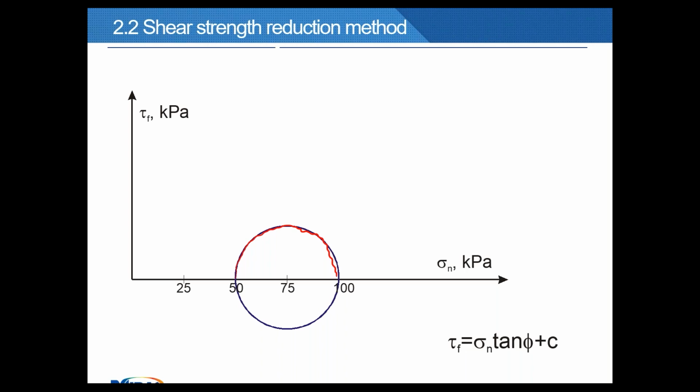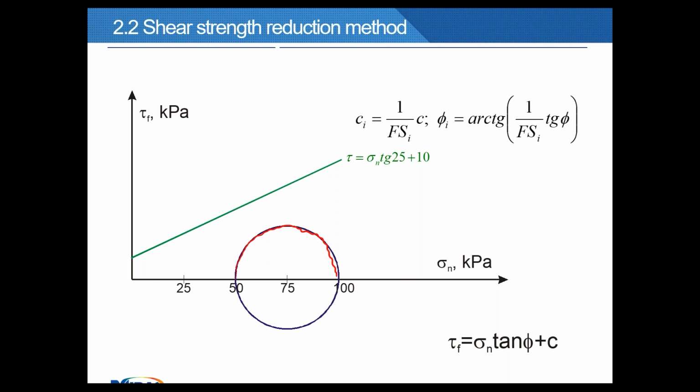So if we have a stress state in some element of our model, and we have a Mohr-Coulomb criterion, for example a 25-degree friction angle and 10 kilopascal cohesion, in this situation, as on the screen, the model is stable, because we don't reach the plasticity limit in this element.